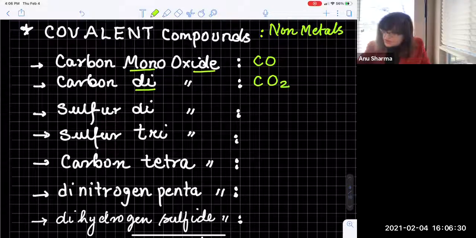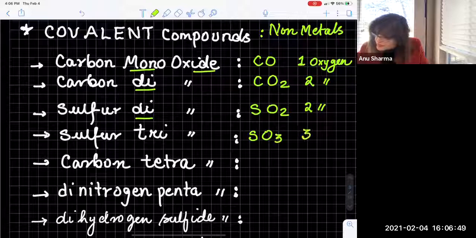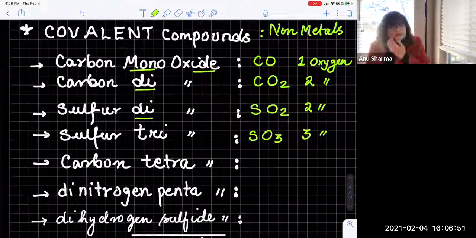Sulfur dioxide: here is your sulfur. Dioxide means two oxygens, whereas here it is one oxygen. Sulfur trioxide is three oxygens.